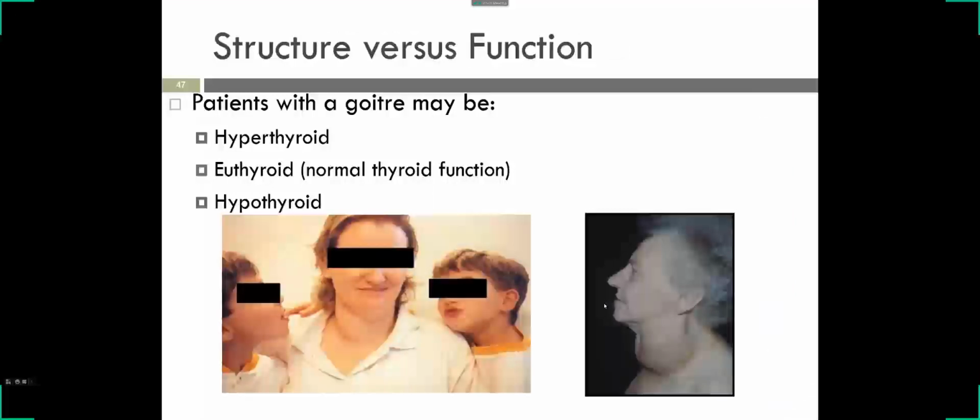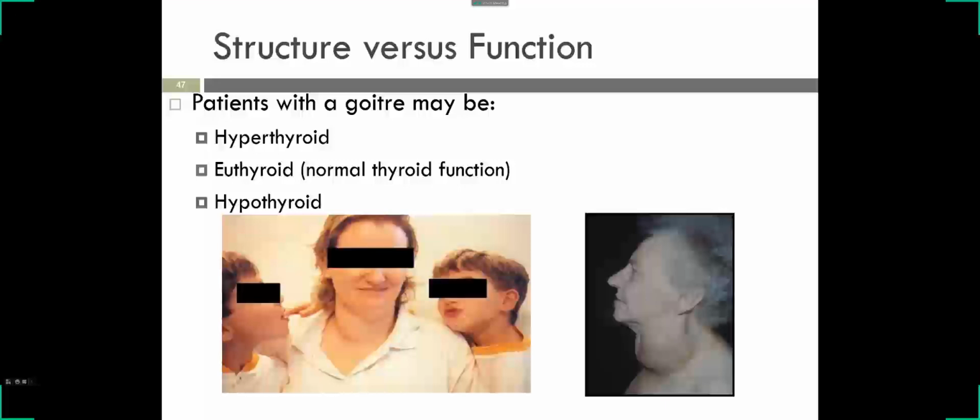So patients with a goiter, the problem with just going by a visual could be hyperthyroid, euthyroid, meaning they have a normal thyroid function, or hypothyroid function. The term goiter simply refers to the abnormal enlargement of the thyroid gland.